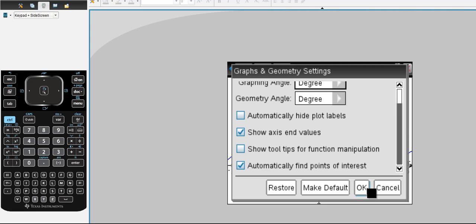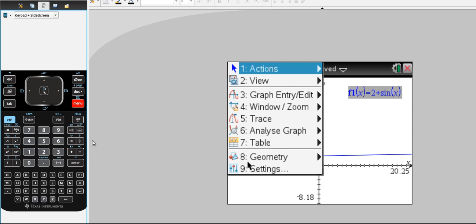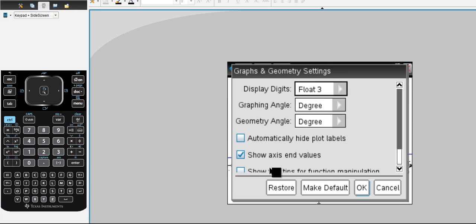We click OK, and now it looks very strange because we have to go from at least 0 to 360. But this function is made for radians, so in this case we can just stay with radians. So let's change back to radians.